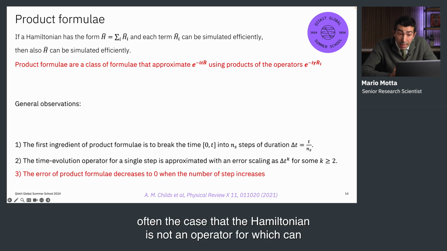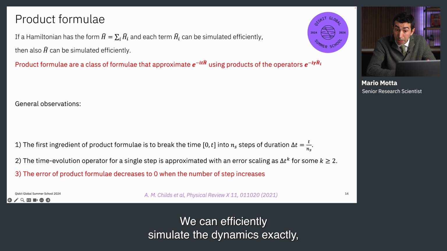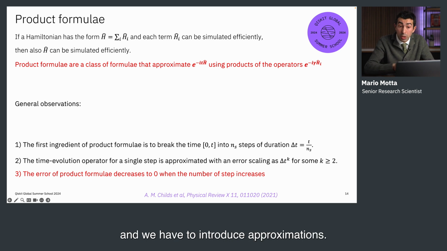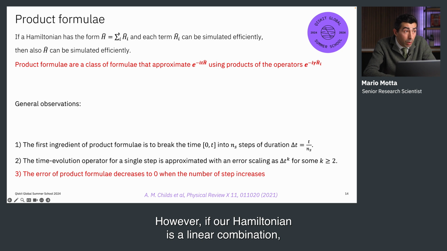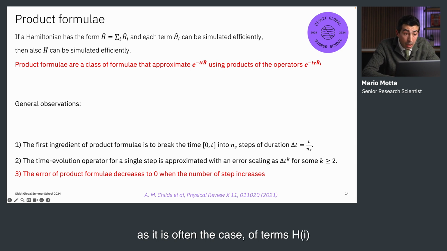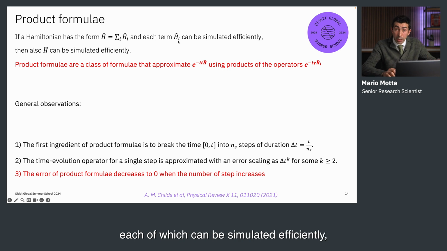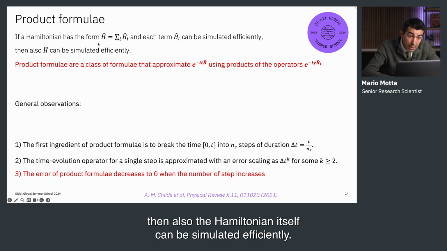It is often the case that the Hamiltonian is not an operator for which we can efficiently simulate the dynamics exactly. We have to introduce approximations. However, if our Hamiltonian is a linear combination, as it is often the case, of terms H_i, each of which can be simulated efficiently, then also the Hamiltonian itself can be simulated efficiently.